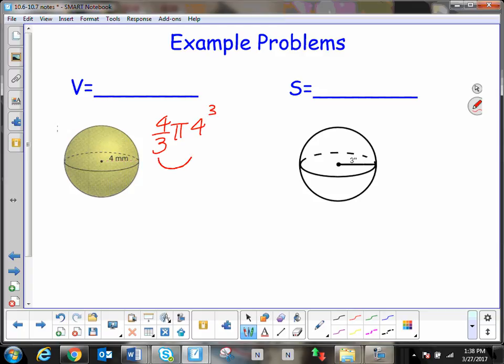All you have to do is put 4/3 times 4 to the third in your calculator, and then voila, it's in terms of pi. You can do the caret and the 3. So what is it? 85 and a third pi.